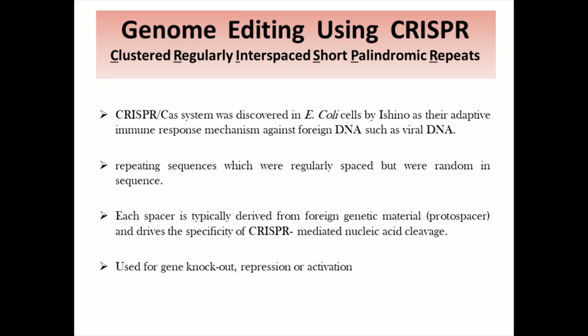Now coming to the CRISPR-Cas system. The CRISPR-Cas system was discovered in E. coli by Ishino. CRISPR stands for clustered regularly interspaced short palindromic repeats. The CRISPR system is a bacterial adaptive immune system to defend against invading viruses.